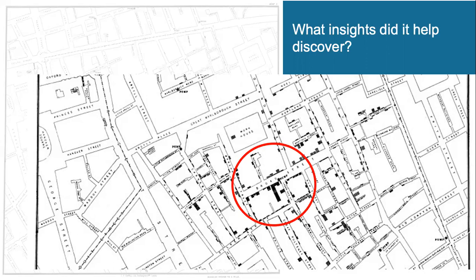So that's exactly correct. So what they learned from putting this map together was that households that suffered the most from cholera deaths happen to also all be using the same well for drinking water. And then when they took this trend from this particular neighborhood and applied it to the rest of London, they were able to see the same trend throughout the rest of the city, which helped trace a clear line between cholera and contaminated wells.